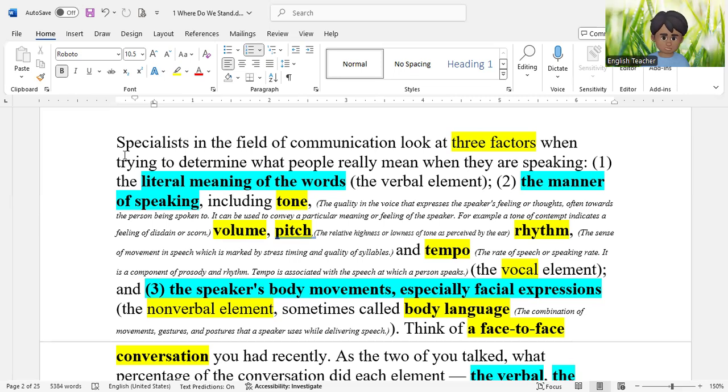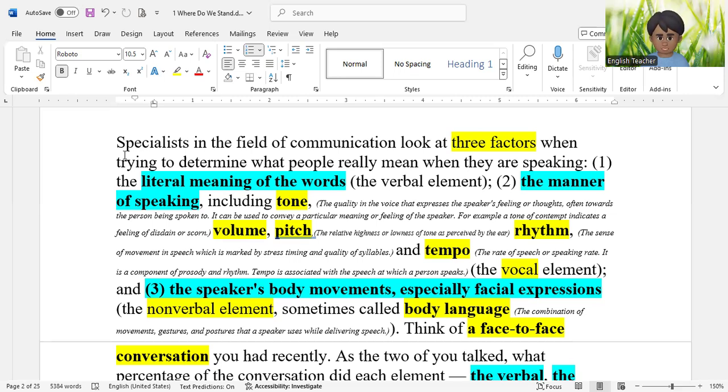So, first you have the verbal element, which is the literal meaning of words. Then you have the manner of speaking, which includes tone, volume, pitch, tempo, rhythm, which is known as the vocal element. Verbal element, number one. Vocal element, number two.